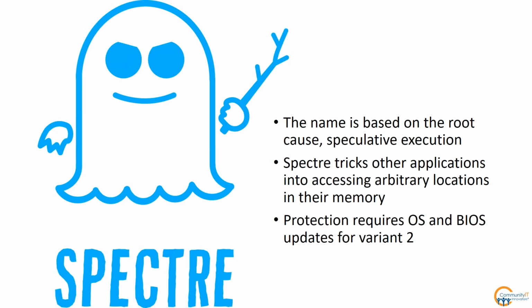I know we patched a couple of computers at Community IT right away to do some testing, and those computers have had stability issues since those BIOS updates were installed. So Intel and the computer manufacturers pulled all of those BIOS updates, and Intel has been working on releasing a new fixed version of the microcode that both fixes the security issue and doesn't break the computer's stability.